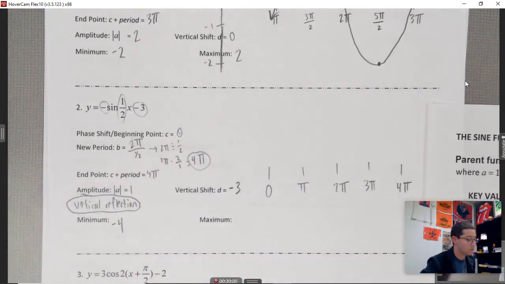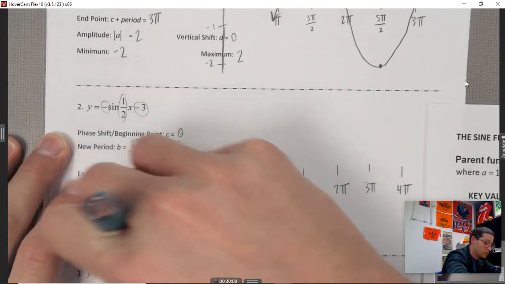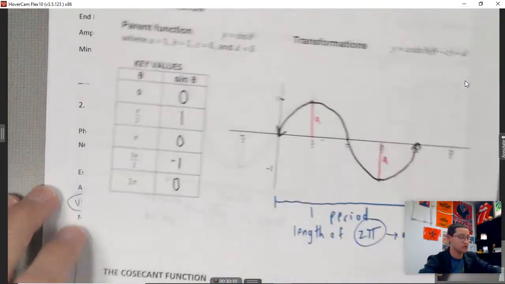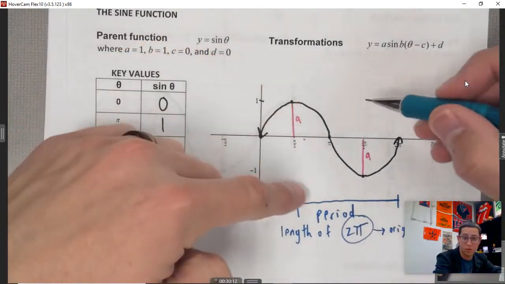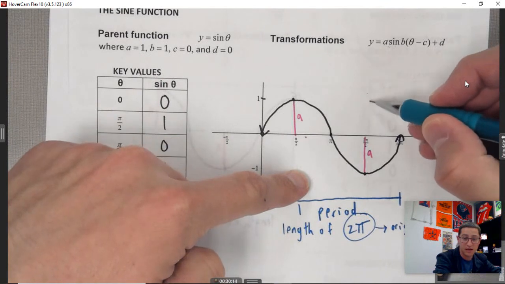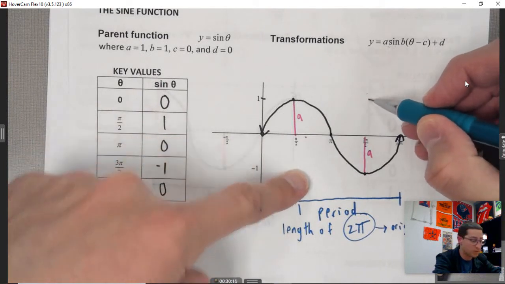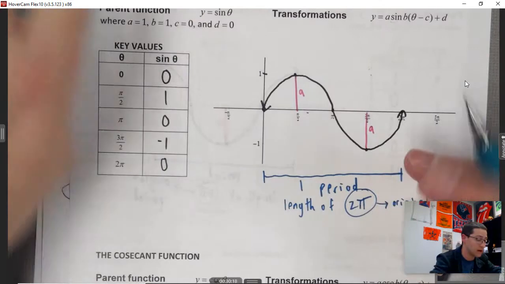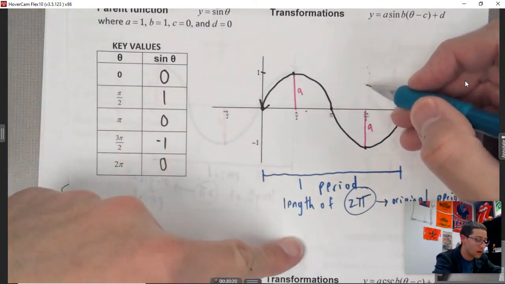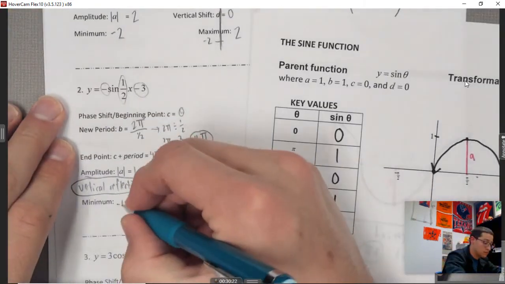Your maximum will be, let's see, we have to reflect it first. So we're reflecting it first, and then we are shifting it down by 3. So the minimum is -4.